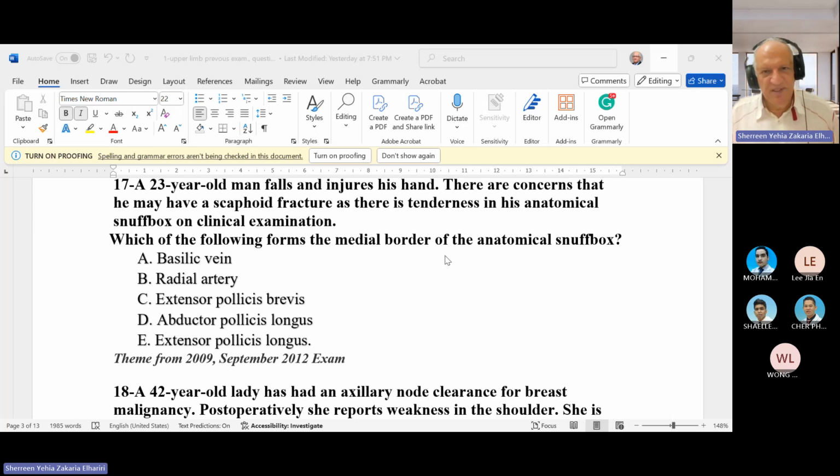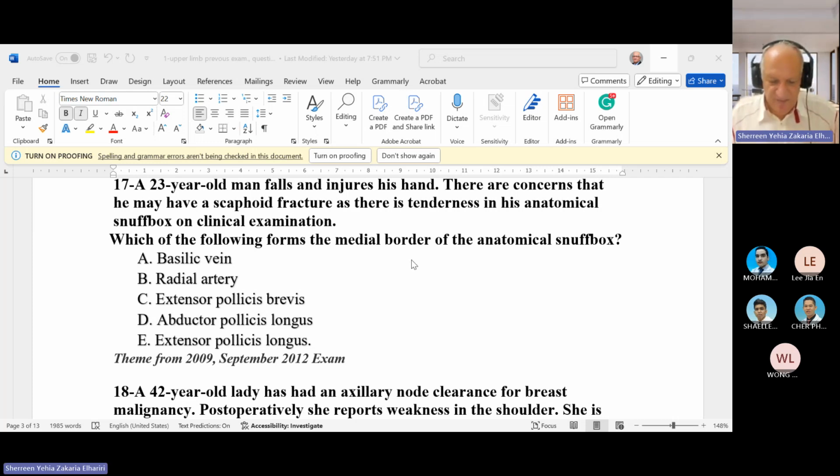And again, the anatomical snuffbox, as you see, has a medial border and a lateral border. So it is important to know the anatomical snuffbox. Of course, the medial border is formed by extensor pollicis longus, and the lateral border by extensor pollicis brevis and abductor pollicis longus.